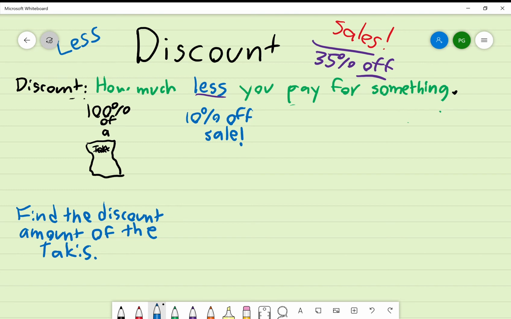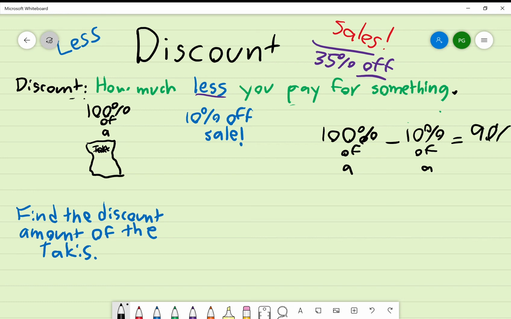The same thing we did before, right? We're taking the 100% of A, so 100% of A minus 10% of A, which is the discount, equals 90% of A. Yes, we found the new price. That's what we have to do, right?